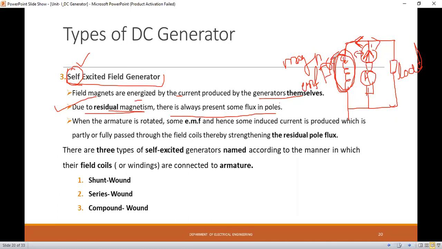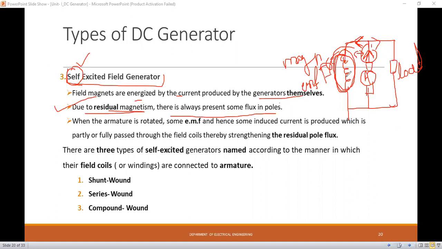So the field winding of the machine can be excited by using the current generated by the generator itself, or the excitation will be provided by the self produced current in the generator, so that we can call it a self excited field generator.